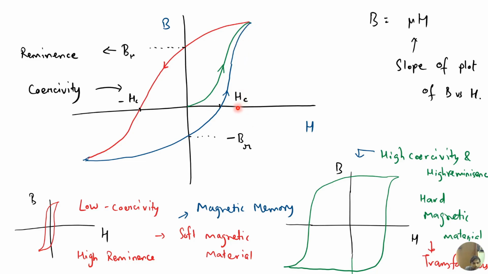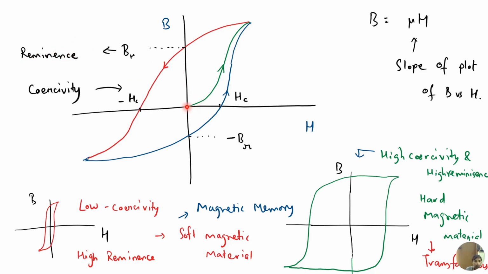But when we start reducing H again and come back to 0, the first point is that it will not take the same path, and a certain amount of magnetic field induction will remain even if the magnetic field strength is 0. That magnetic field induction is called the remanence of that material.